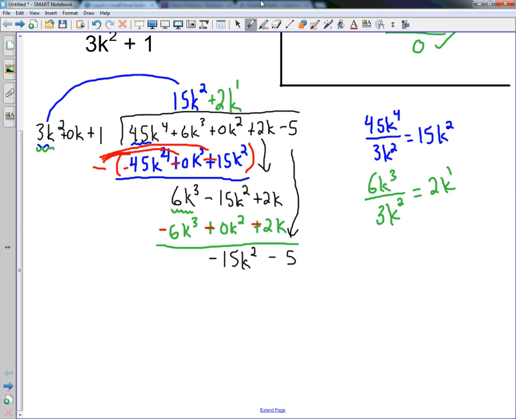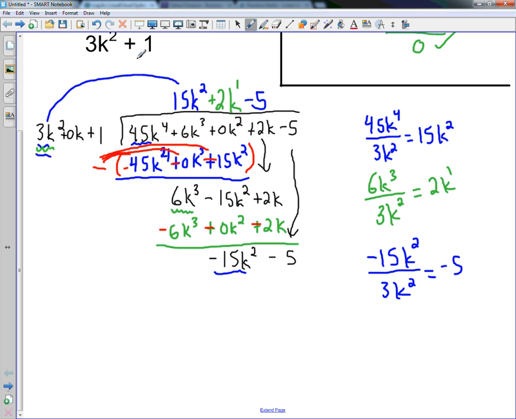And let's go ahead and divide again. So we're going to take the negative 15k squared, and we're going to divide it by the 3k squared again. And negative 15 divided by 3 gives me negative 5. K is reduced, so we're just left with negative 5.